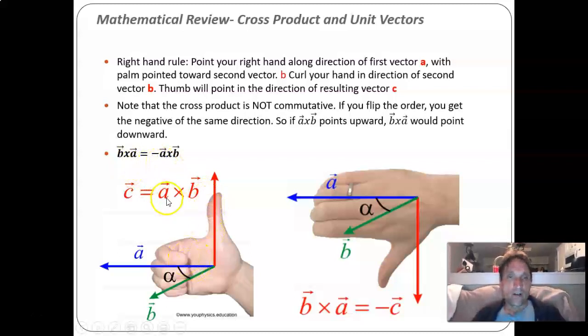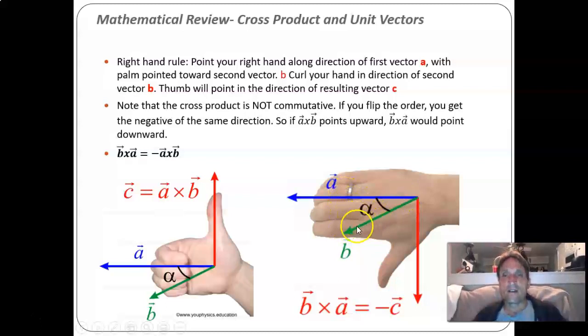So here is A cross B. Again, you point your fingers along A with your palm toward B, and you curl your fingers and your thumb points upward. Now what if we did B cross A? Here we have to point our fingers along B, but the palm has to be toward A, so your hand has to be the opposite, right?